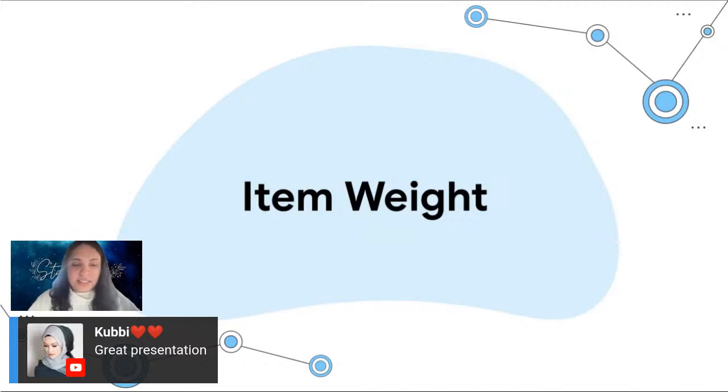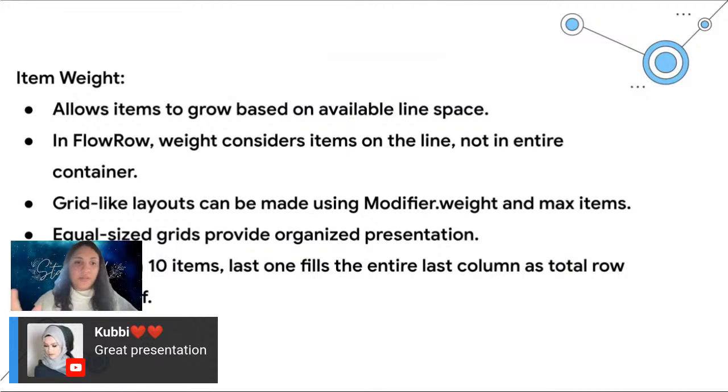So the next thing to talk about is item weight. So basically, item weight allows your items to grow based on the available line space.